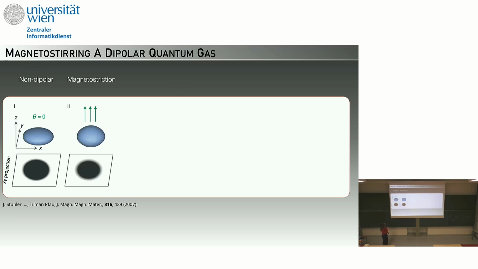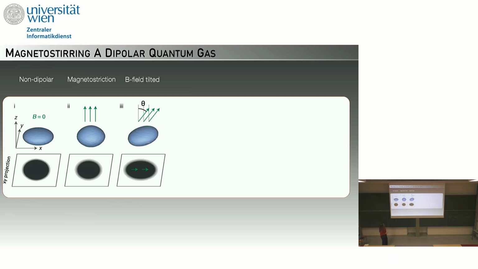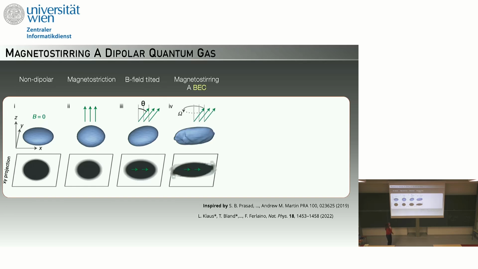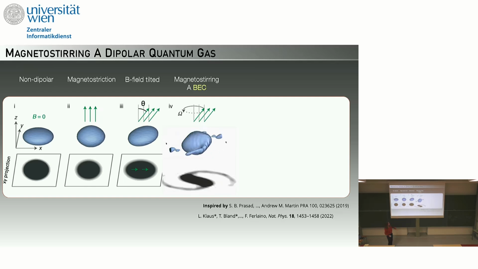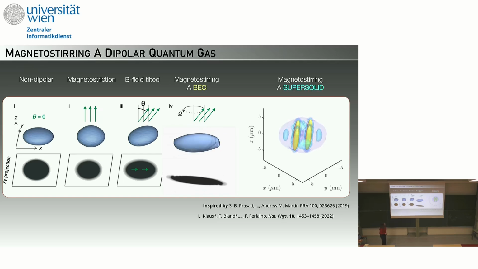If we add a dipolar interaction, because there is this tendency to align and favor attraction, you have the phenomenon of magnetostriction, but now if you rotate the magnetic field, all the gas is following. And so if you start to rotate the magnetic field and spin, you can really rotate your gas just by changing the magnetic field. And this is what we did.